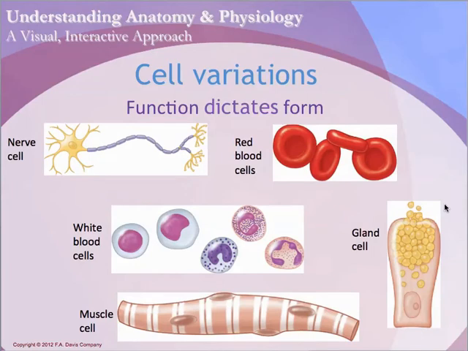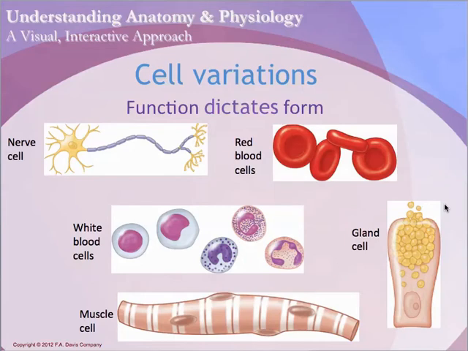So there's lots of different cell variations. Really why cells are in a variety of shapes and sizes has a lot to do with their function. So nerve cells, they have to be these long kind of cells to be able to get their signals where they need to be. Blood cells are usually circular.